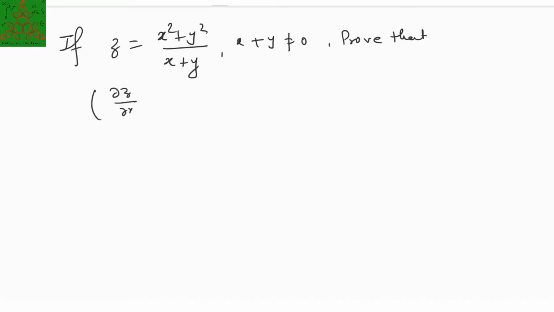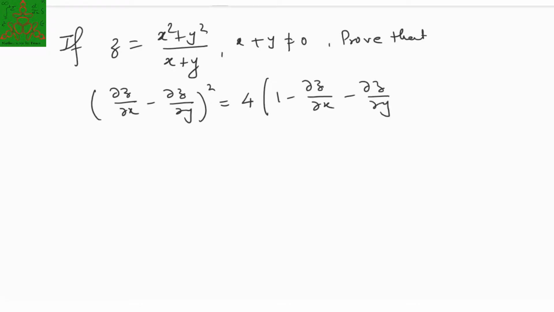If z is equal to (x² + y²)/(x + y), if x + y is not equal to 0, then prove that (∂z/∂x − ∂z/∂y)² = 4(1 − ∂z/∂x · ∂z/∂y).